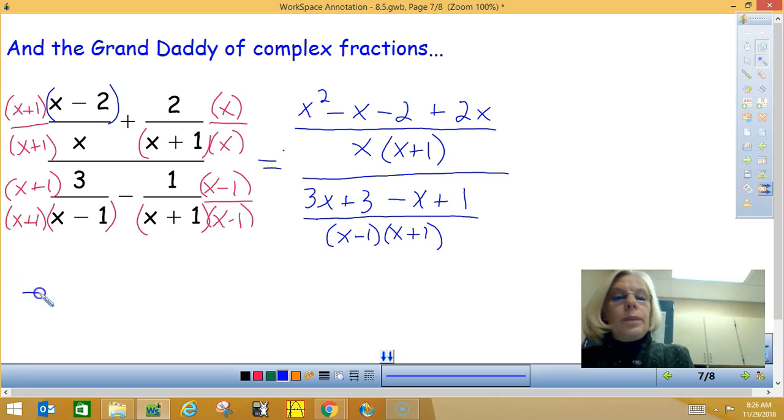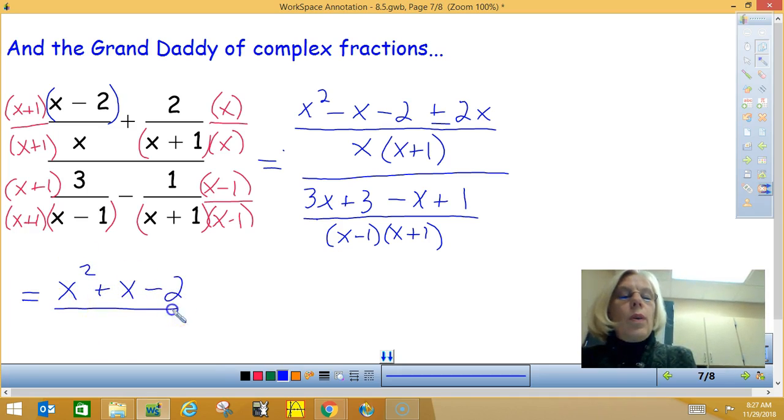Now, when I clean up the numerator of the numerator, I have x squared. Collecting my x terms, I have plus x minus 2 over x times x plus 1. Now when you divide, you multiply by the reciprocal.